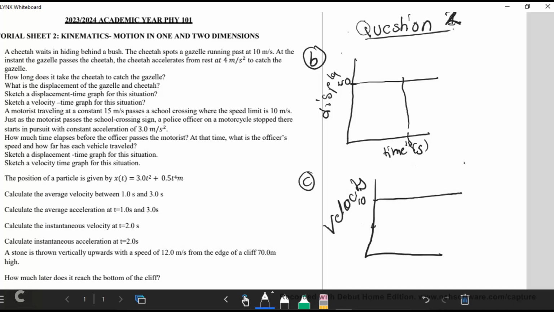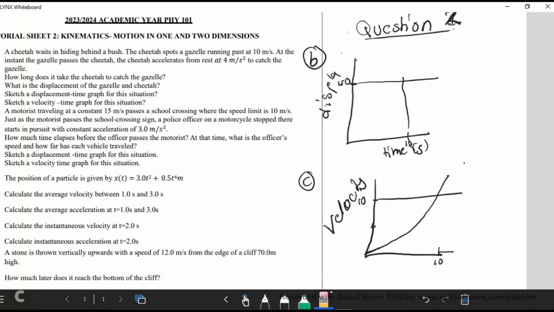Then on the time, remember it is 10 seconds, such that when you're drawing, this is the graph of the police officer. It started from rest, then it was increasing until they met at what? 10 seconds. Hope it's okay on that one.